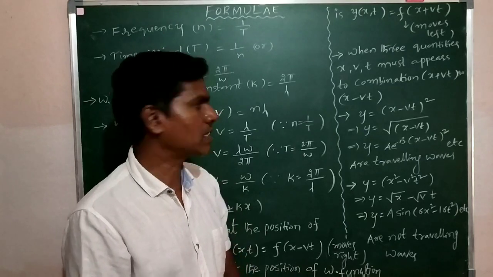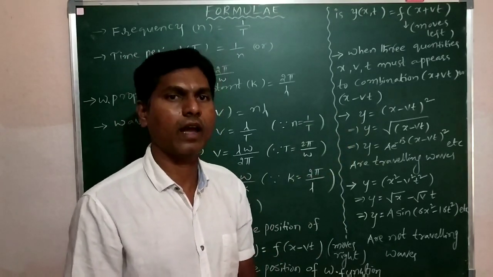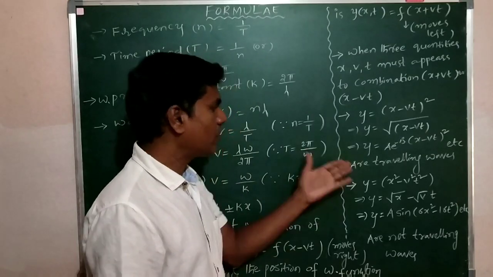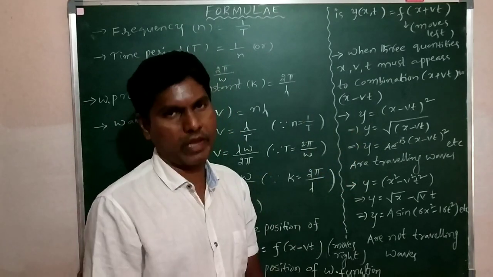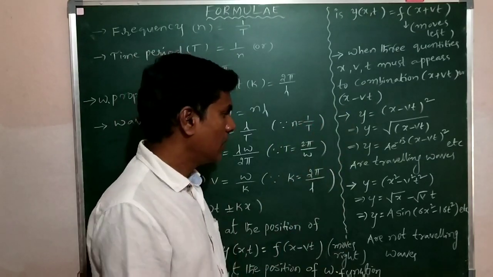The quantities x, v and t must be in the equations. That's why they are traveling wave equations.